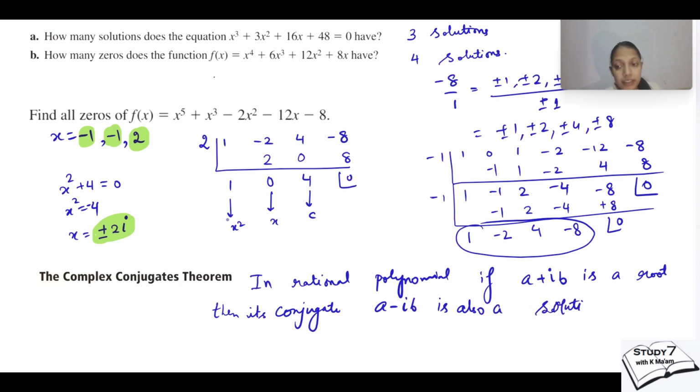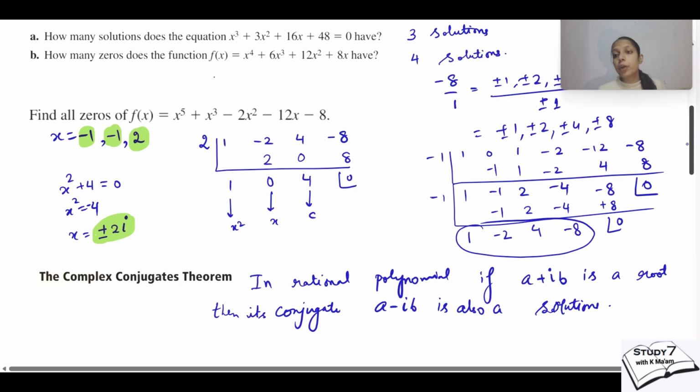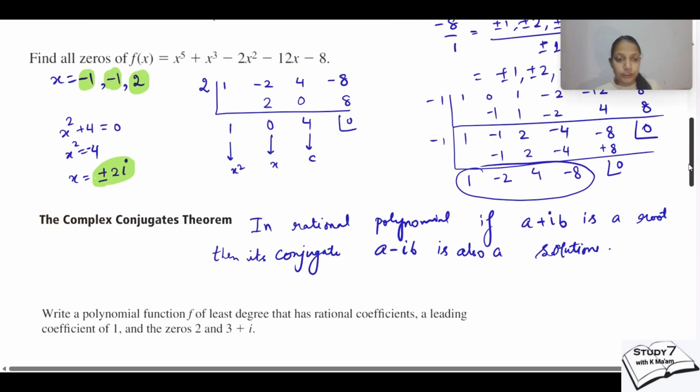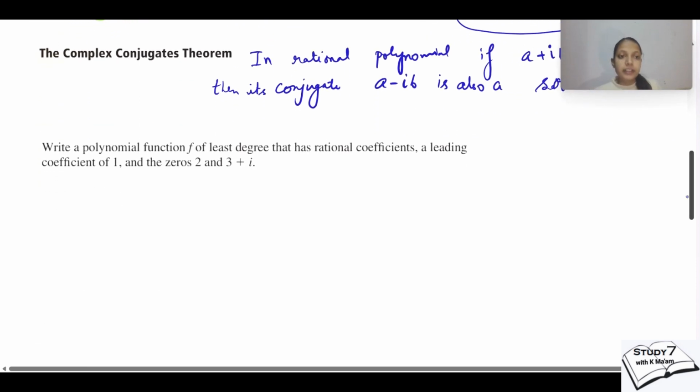Even if it is not mentioned, you have to consider the conjugate as one of the solutions. Make sure your polynomial is a rational polynomial. A rational polynomial means the coefficient of each term is a rational number.